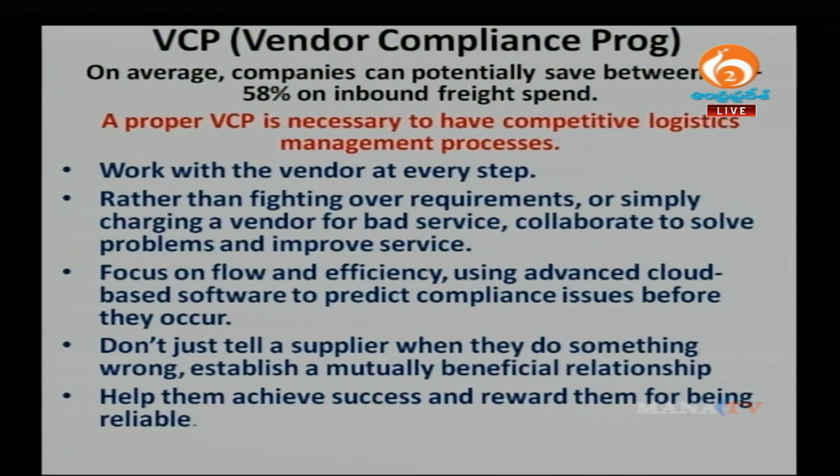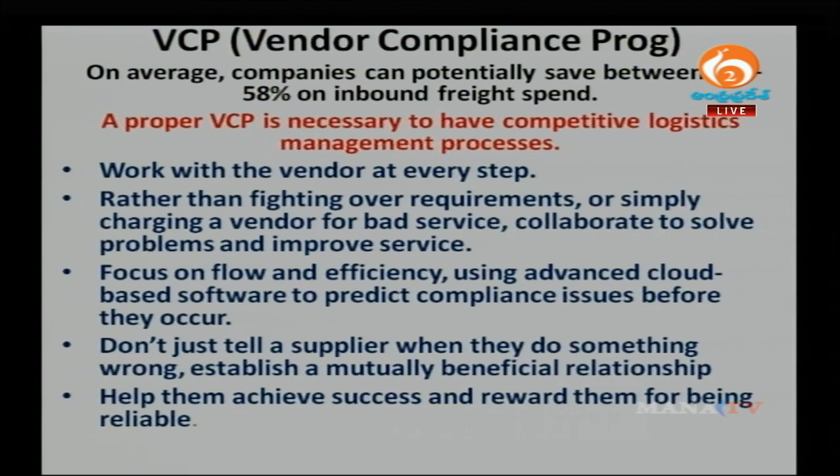In order to have a vendor compliance program, we need to work with the vendor at every step. Rather than fighting over requirements or simply charging a vendor for bad service, collaborate with them. Focus on flow and efficiency. Using advanced cloud-based software, predict compliance issues before they occur. Don't just tell a supplier when they do something wrong, establish a mutually beneficial relationship. Help them achieve success and reward them.